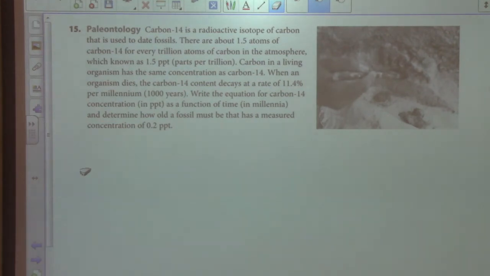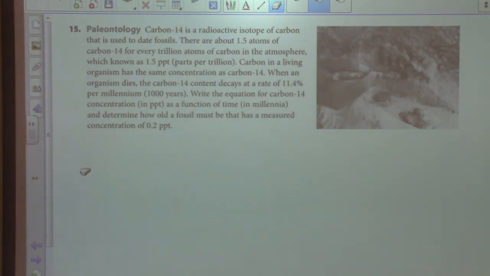It just says it decays at a rate of 11. When you say you're lost, I want you to be talking to each other about that. Try to get unlost by talking to each other. The answer is 60. Look at problem 14. 14 is like a type case for this one.